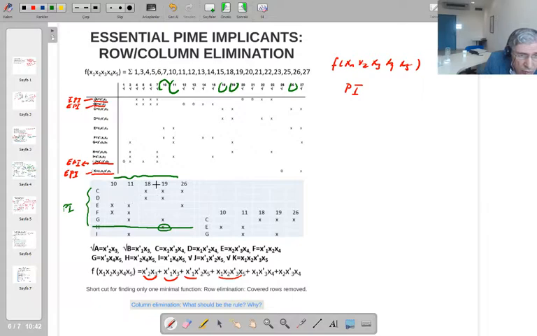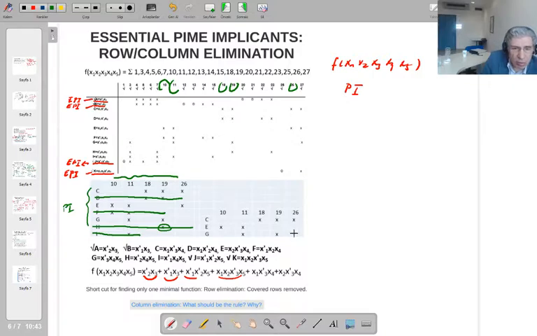D is covered by C, so I can remove this. Is there anyone else? For example, F is covered by E, isn't it? So I removed covered rows from my table. I is also covered by G, so I removed the I as well. So when you remove these 4 rows, my table became simpler.